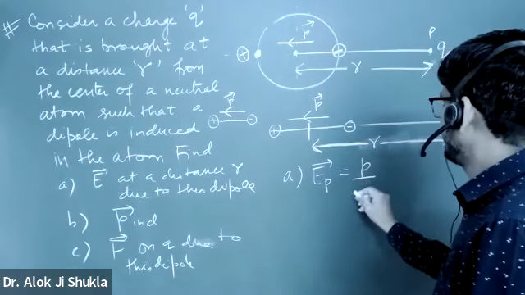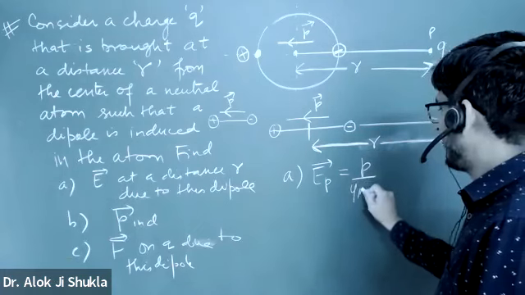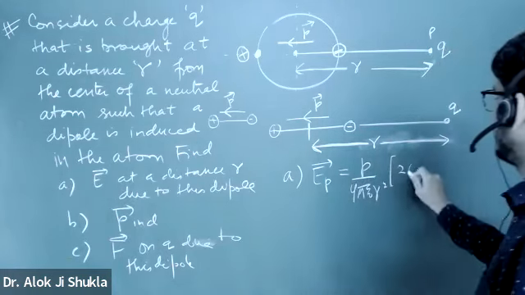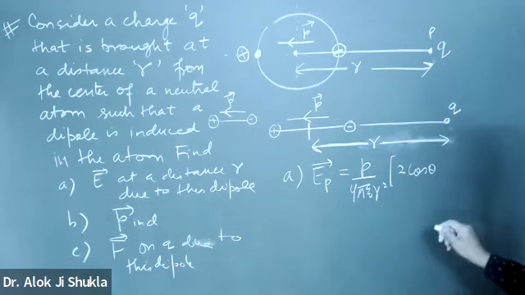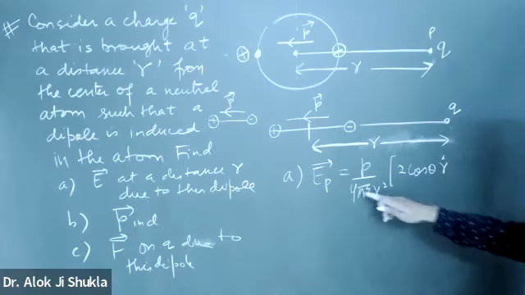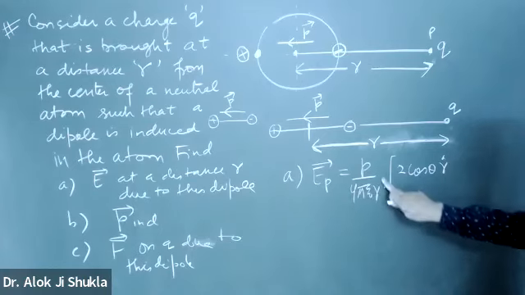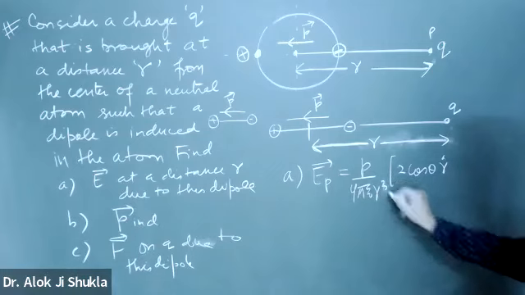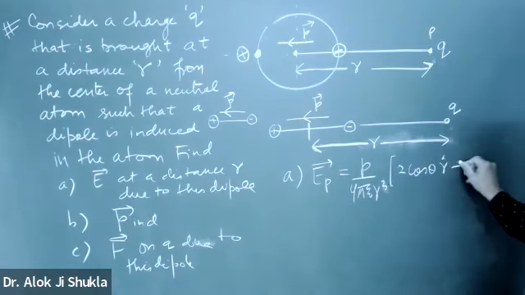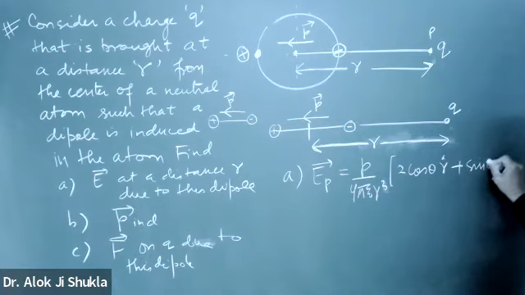P by 4 pi epsilon naught r square, 2 cos theta r cap... सर r cube नहीं था? हाँ, r cube, sorry, dipole is r cube, 2 cos theta r cap plus sin theta theta cap.